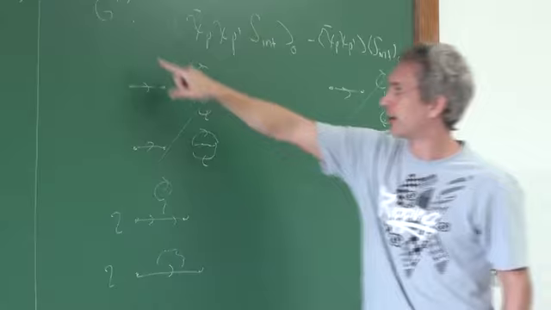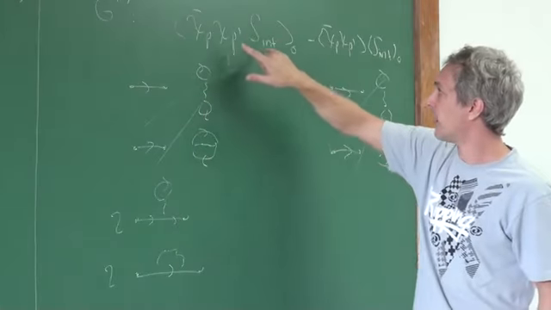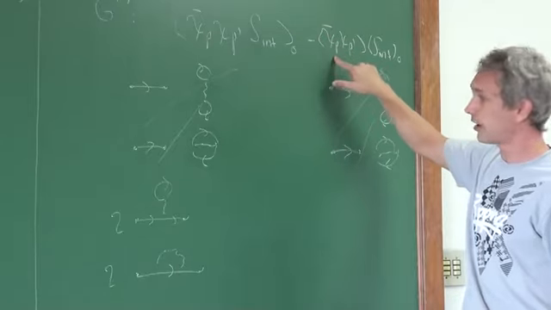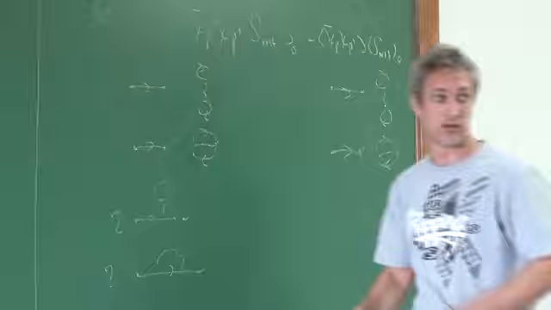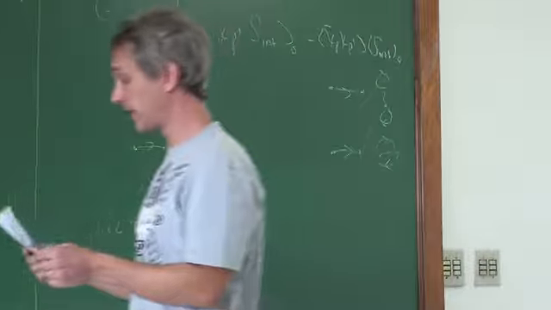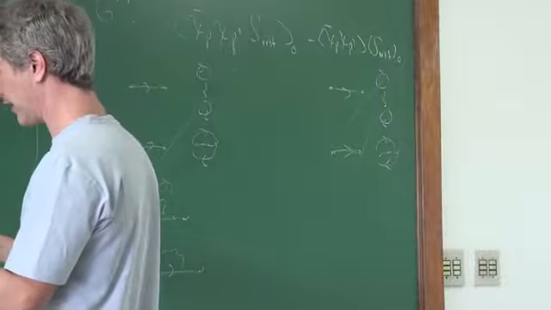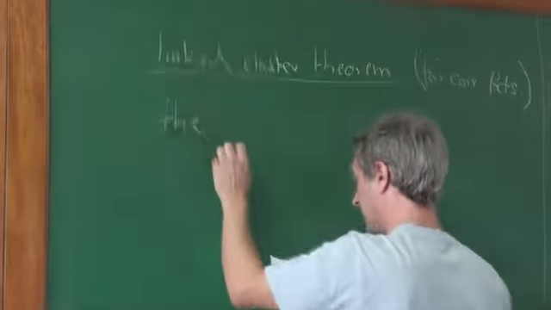For the Green's function it's the same, but for higher correlation functions we should only draw the non-vacuum diagrams, because we know that the vacuum diagrams will be cancelled by the expansion of the denominator. So that's the statement of the linked cluster theorem that we just write down once, and then we prove it.